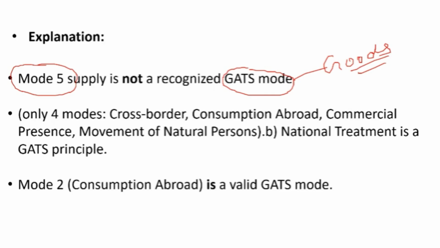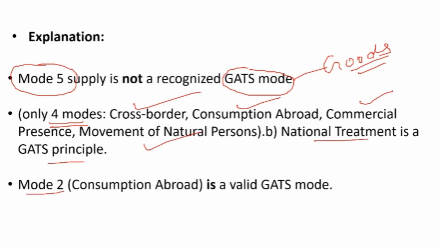So it is focusing on goods mode. Only 4 modes are connected with GATS. What are those modes? Cross border supply, consumption abroad, commercial presence, movement of natural persons, right? Along with that, national treatment is also a GATS principle.